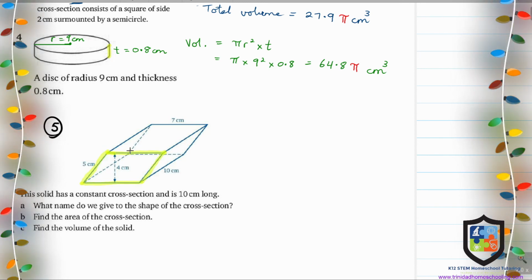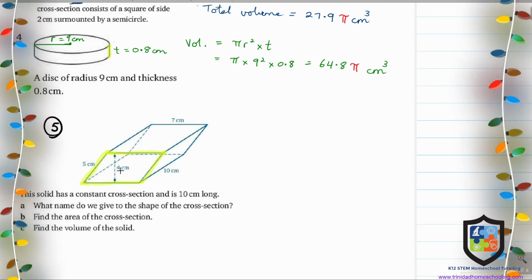The opposite sides are parallel. It's a parallelogram. We know how to find the area of a parallelogram. To find the volume, it's just a parallelogram that's been stretched or extruded with some length. So can you guess how we could find the volume of this based on what we've been doing so far?